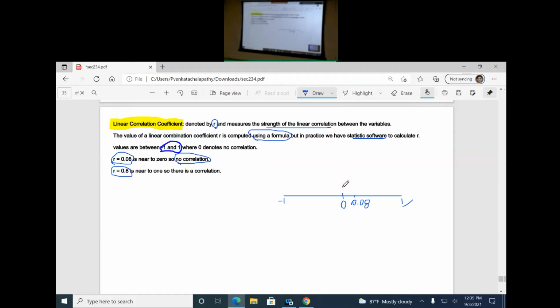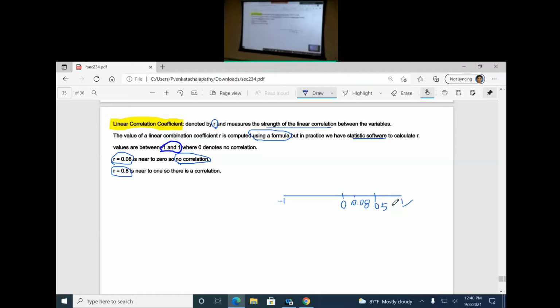What happens if we have something like 0.5? Where do you put that value? Well, this is like a midpoint between 0 and 1. It can have a correlation or it could not have a correlation. So by practice, if you have a midpoint value like 0.5, they always consider that there is no correlation at all, because there is no evidence that proves there is a correlation, because it is a midpoint which can belong to 0 and can also belong to 1.